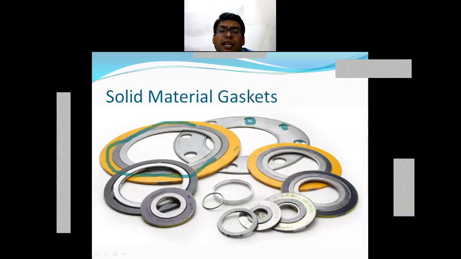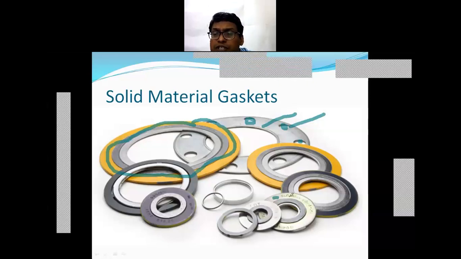These gaskets sit inside the bolts. However, this gasket covers the complete flange surface, the complete flange area, and that is why the bolt holes are provided. The bolt area is also cut, and here you can see the different specifications related to the gaskets are also defined.